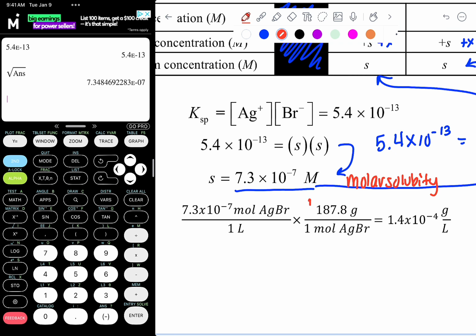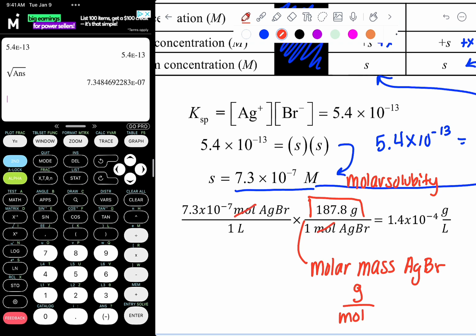So we'll multiply by the molar mass. Remember, molar mass has units of grams per mole, so the mole cancels on the top and the bottom, leaving you with grams per liter. That gives us a solubility of 1.4 times 10 to the minus 4 grams per liter.